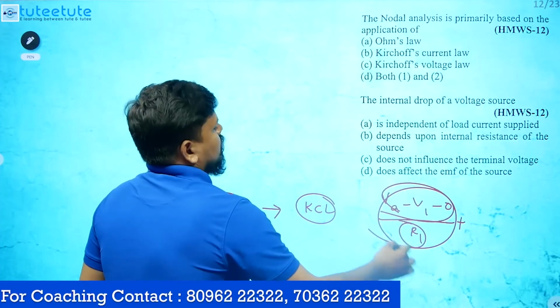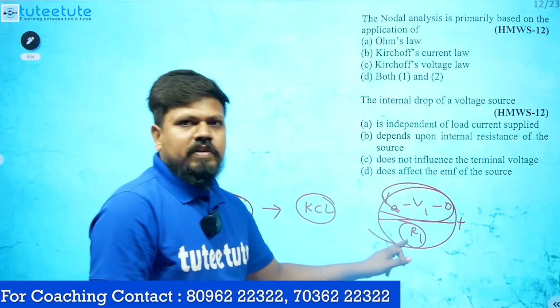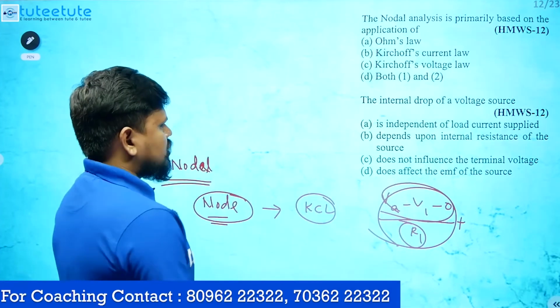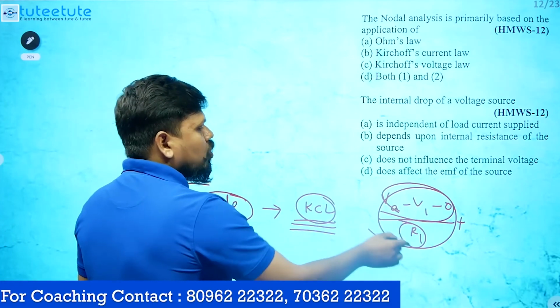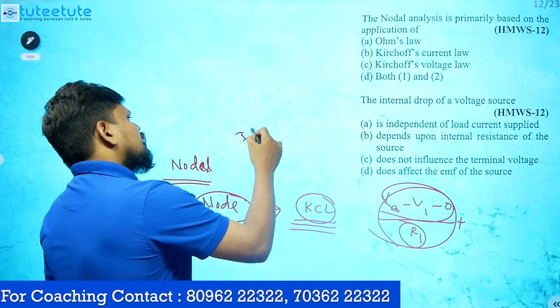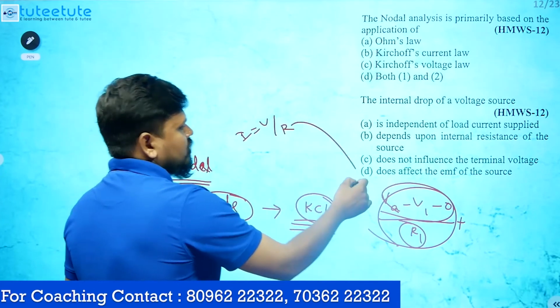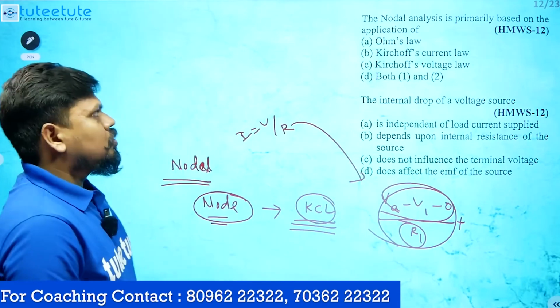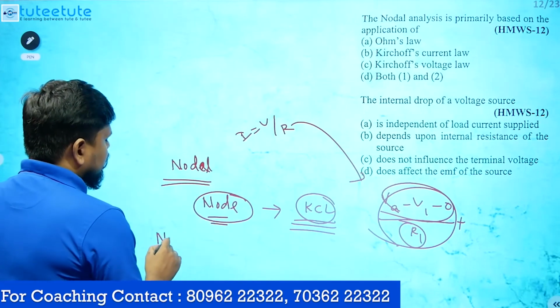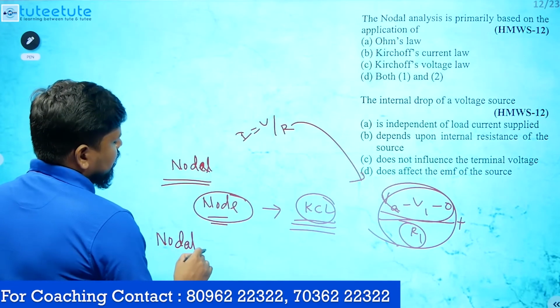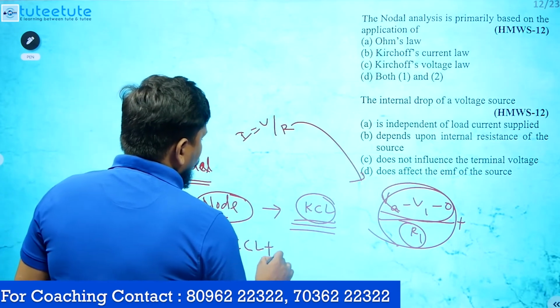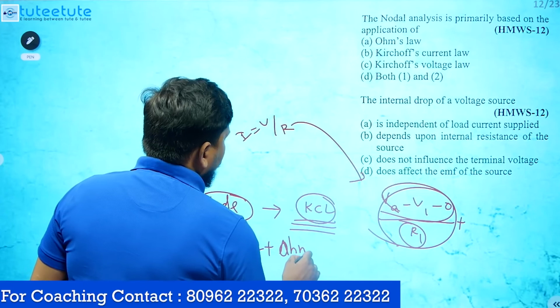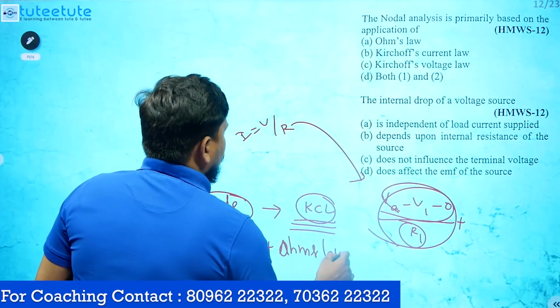That means we are writing the KCL equation only, but we are using Ohm's law. What is Ohm's law? Current is equal to voltage by resistance. So nodal analysis is the combination of KCL and Ohm's law. This is the answer.